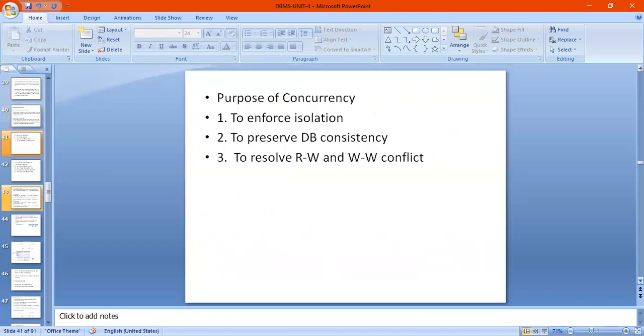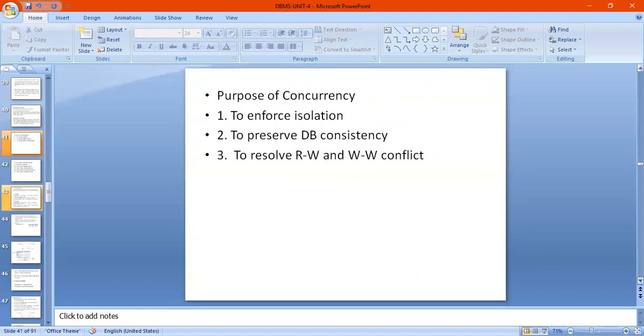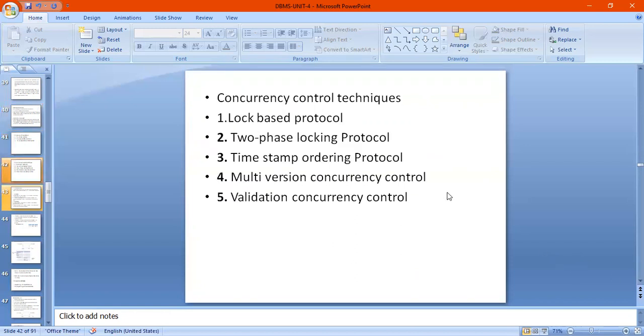The purpose of concurrency is to enforce isolation, to preserve database consistency, and to solve read-write and write-write conflicts. Concurrency control techniques are lock-based protocol, two-phase locking protocol, timestamp ordering protocol, multi-version concurrency control, and validation concurrency control.